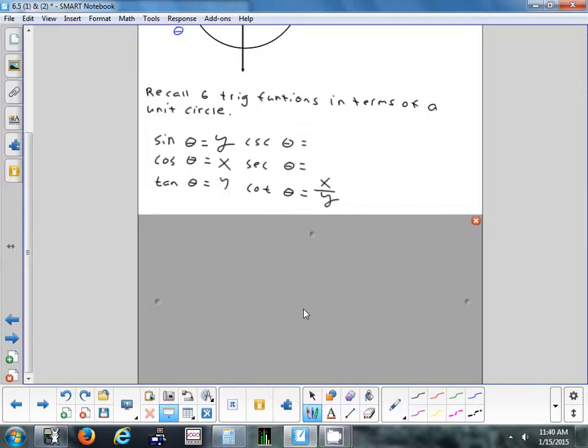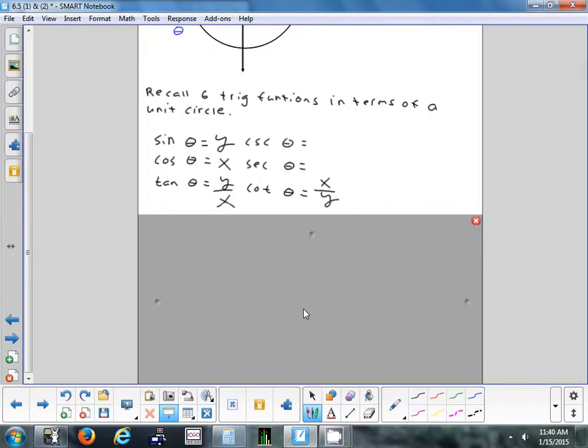Well, if we can find one trig function in that row, the others are the reciprocals. So tangent was y over x. How about cosecant? Kobe, what was cosecant? Would it be y over x? No, y over x is tangent. Think about it, you know sine, right?